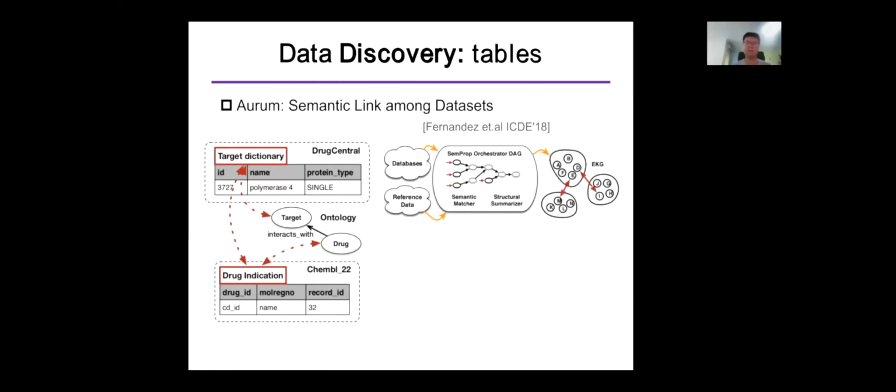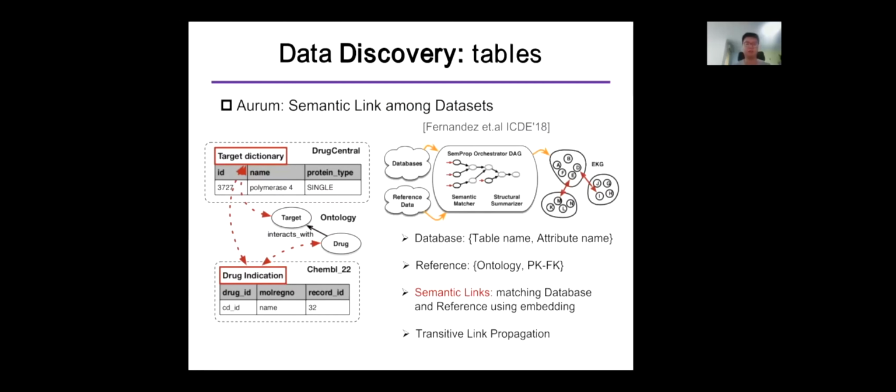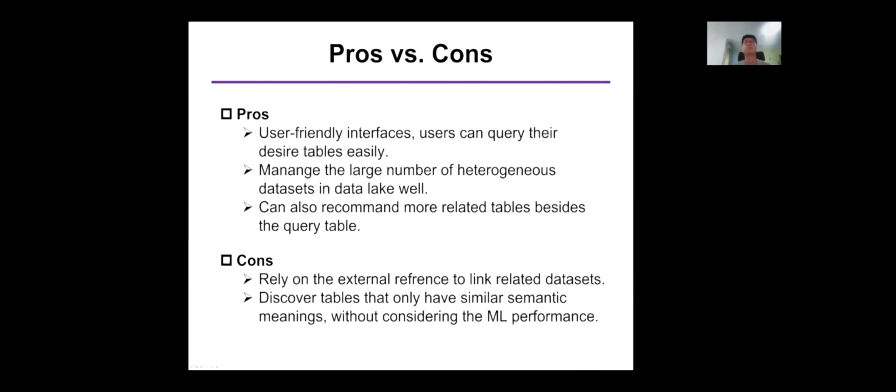Based on the database meta information and a given ontology, it matches the database and references using embedding methods, based on which relationships between tables are established. Thus, highly related tables can be found and the links can be propagated using transitivity to find more tables. However, the above methods do not consider the downstream machine learning model.